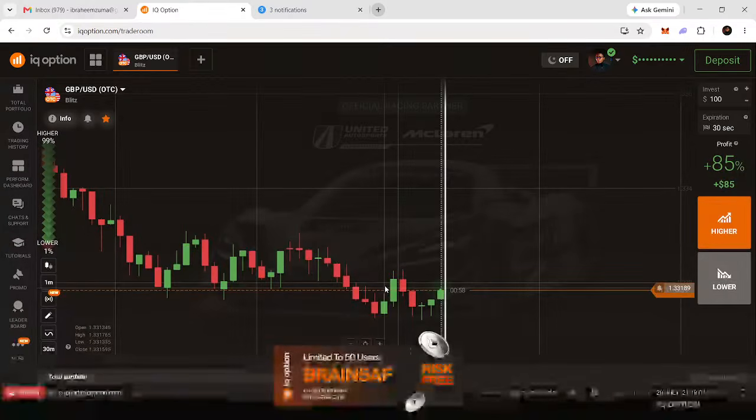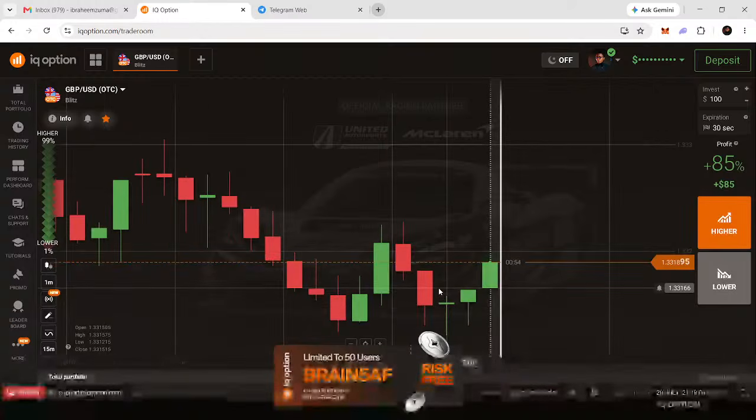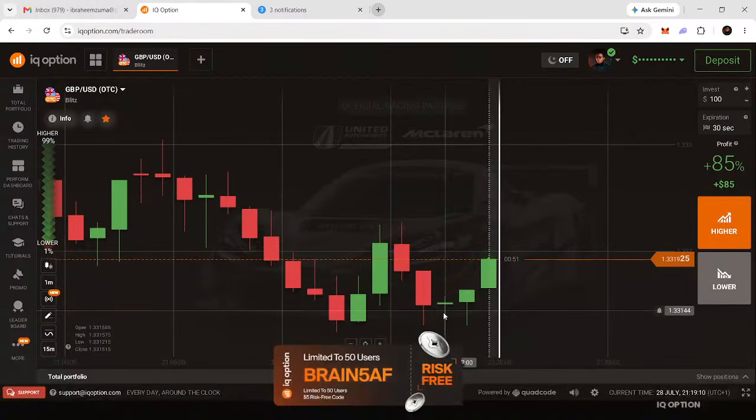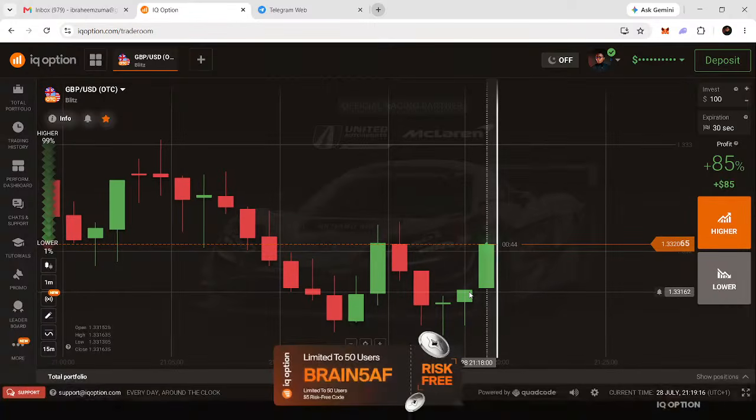Yeah, so guys, you can see what happened here. We have a large red candle, and then we have the neutral candle around here, and now we have a green hammer.